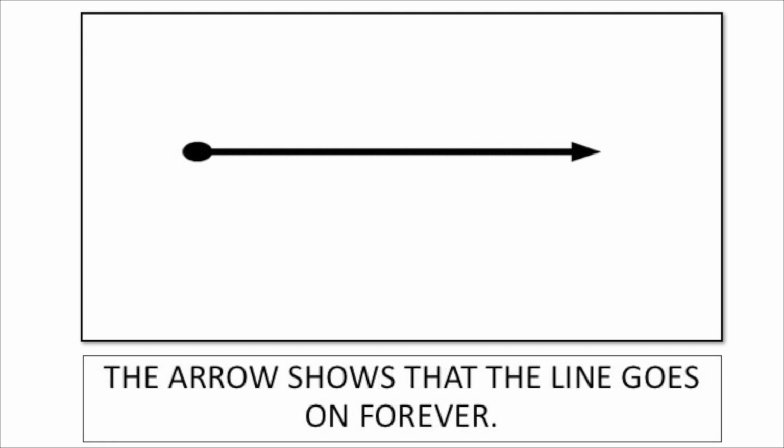The arrow shows that the line goes on forever. Yes. We can't draw a line forever and ever and ever. That's why we draw the arrow, because the arrow says the line keeps going.